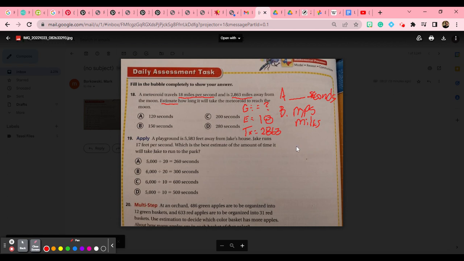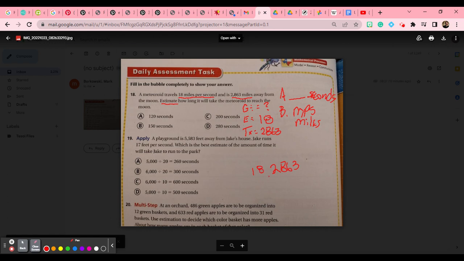Okay, so I'm just going to keep working down. So we've narrowed it down to division. Okay, so we have our big number. That's going to be our dividend too, but before that I'm going to go ahead and just write the numbers down here: 2, 8, 6, 3, and 18.